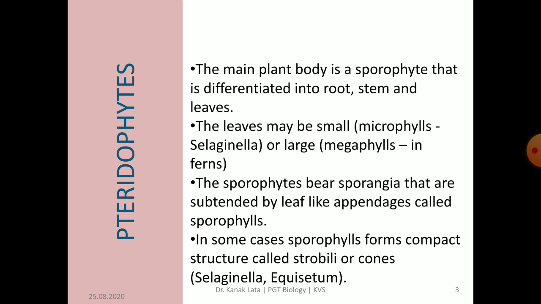The primary root of pteridophytes is short-lived, and it is replaced by adventitious roots which have a permanent growing apex that helps in growth of roots. The stem in pteridophytes is usually herbaceous except in some woody ferns.